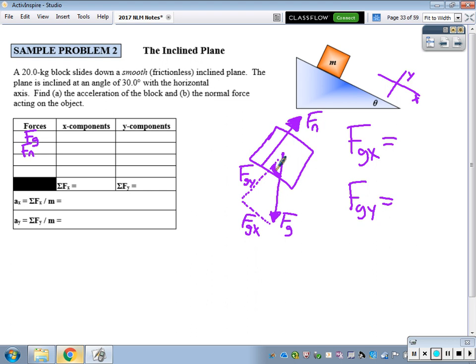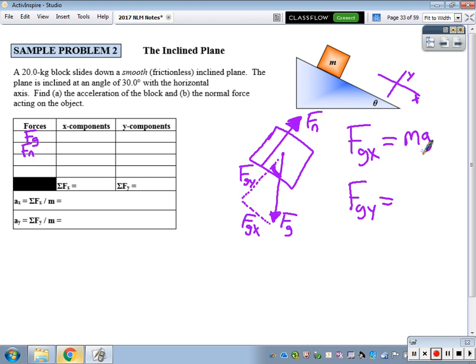Okay, so when we do that, FGX would be equal to m times g, which would give us the value for our hypotenuse. But let's take a look at where the x is. In terms of a right triangle, is it the opposite or adjacent side? It is the opposite side. And we know the hypotenuse is mg. So what trig function uses the opposite side and the hypotenuse? Sine.